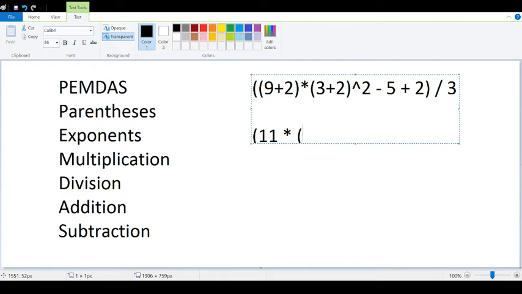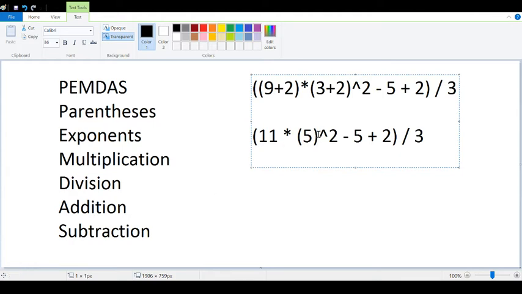So we're going to keep those parentheses because we're denoting that it's raised to the second power, but we're going to do the 3 plus 2. All right. Keep writing it out. Minus 5 plus 2, still in parentheses, and it's still being divided by 3. All of that. We're not done with our parentheses yet. We still gotta finish out everything that's in there.